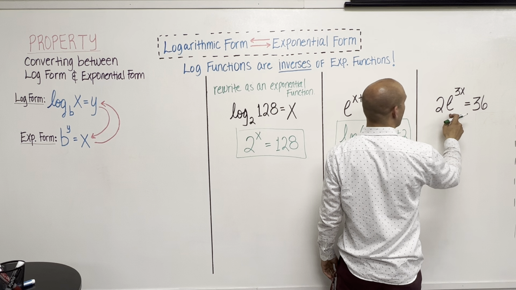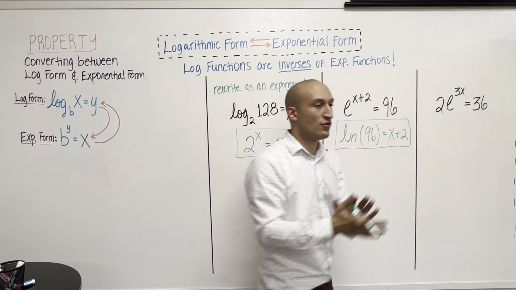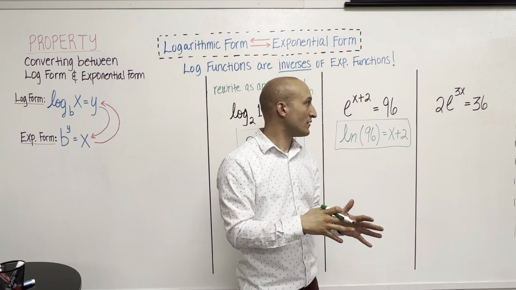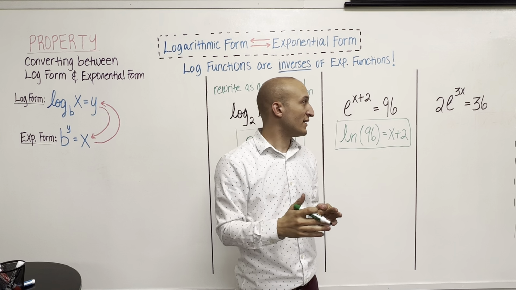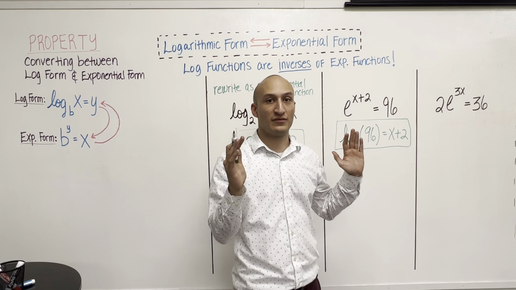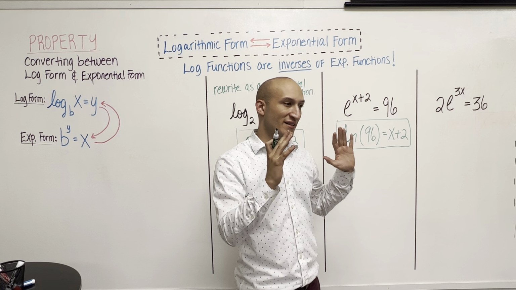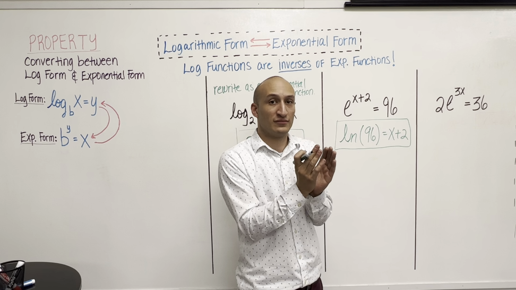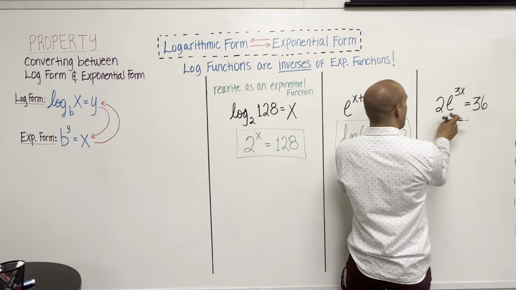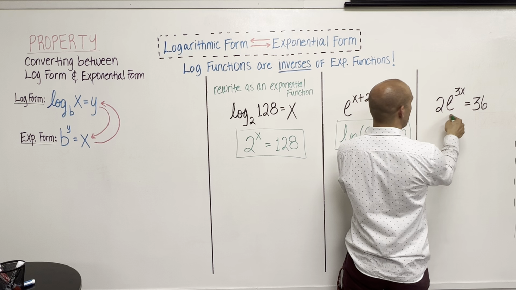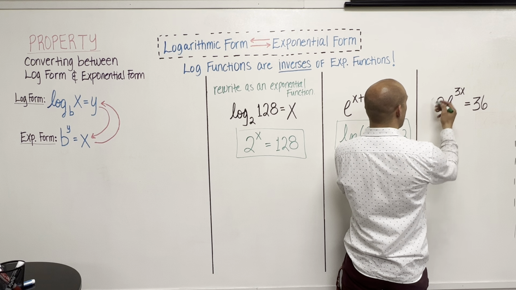It's being multiplied before I can change it into its other form. Before I can do that, I have to move that 2. The base must be alone. My base is not alone here. It's got a 2 that is being multiplied to it. So watch out for that.